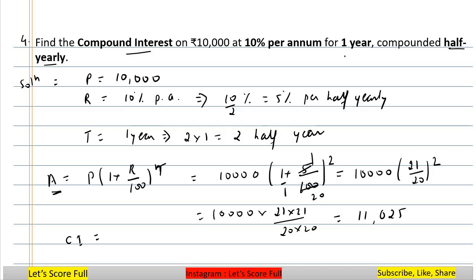So compound interest is amount minus principal, which is 11,025 minus 10,000 will give me 1,025 as the compound interest. Hope you have understood this. I will upload exercise 8.3 very soon. Till then, keep studying. Take care and bye-bye.